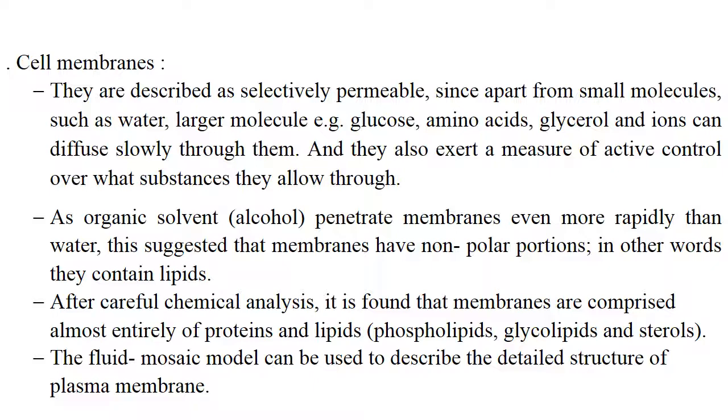As organic solvents like alcohol penetrate membranes even more rapidly than water, this suggested that membranes have non-polar portions. In other words, they contain lipids. After careful chemical analysis, it was found that membranes are comprised almost entirely of proteins and lipids like phospholipids, glycolipids and sterols. The fluid mosaic model can be used to describe the detailed structure of the plasma membrane.